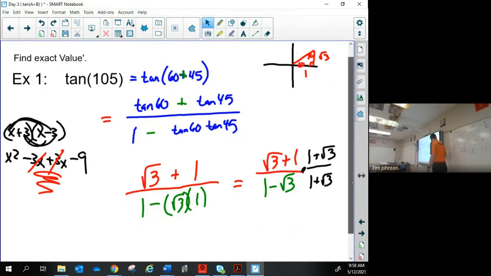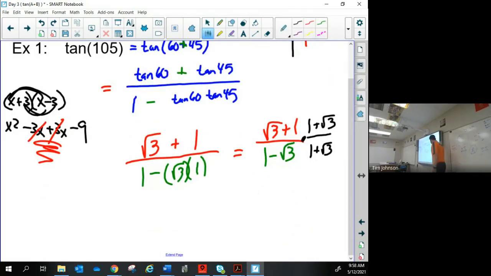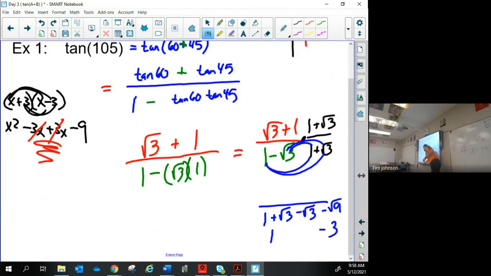So how does that make life for the denominator? 1 times 1 is 1. 1 times positive square root of 3 is a positive square root of 3. Negative square root of 3 times 1 is negative square root of 3. Negative square root of 3 times a positive square root of 3 is a negative square root of 9, which really is 1 minus 3.